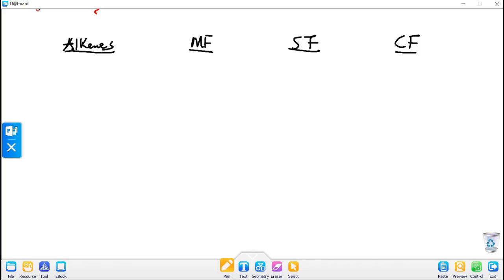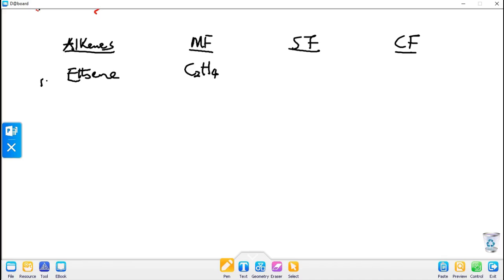The first member we have said is ethene, and ethene is C2H4.